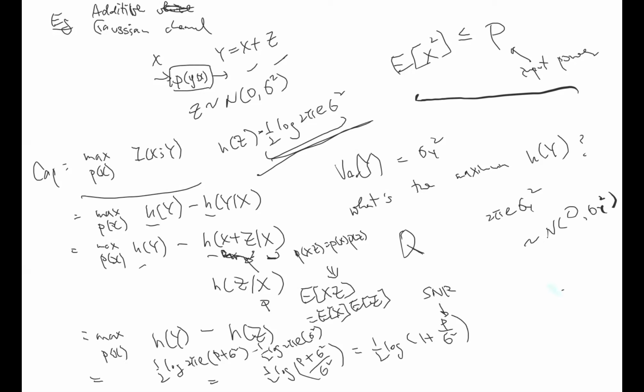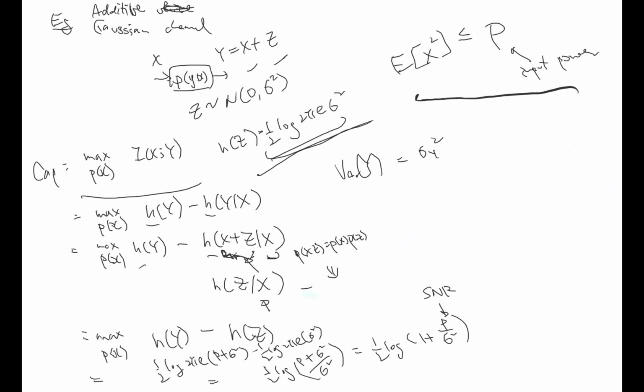I think here I'm not very organized. Actually, I can fill in some steps to make it a bit better to digest. I can write max over p(x) of h(Y), which is maximized when Y is Gaussian.